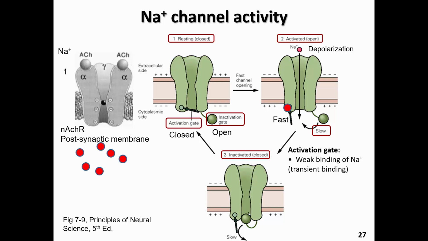So the inactivation gate will, you can see here, hold the cell in a depolarized state, but in the depolarized state, the sodium channel remains closed. And that's an advantage here because that will allow the cell to repolarize, bringing it back to its resting state.